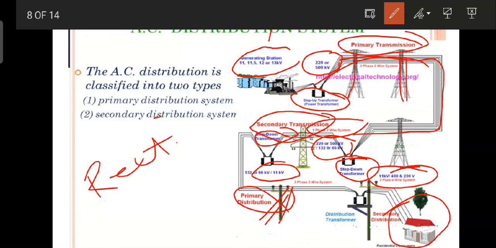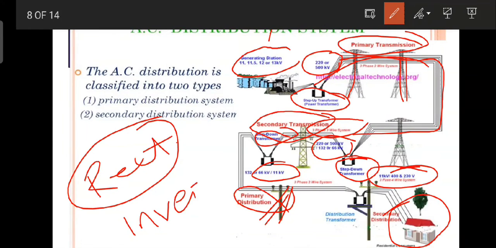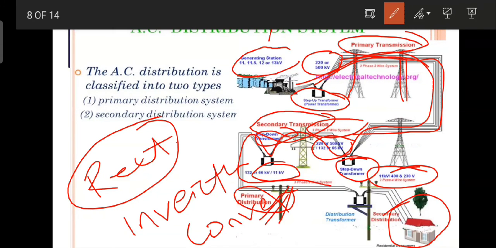There is no connection of rectifier, there is no connection of inverter, there is no connection of any converter. So it is simply our AC transmission system. Here we use 50 hertz frequency only.